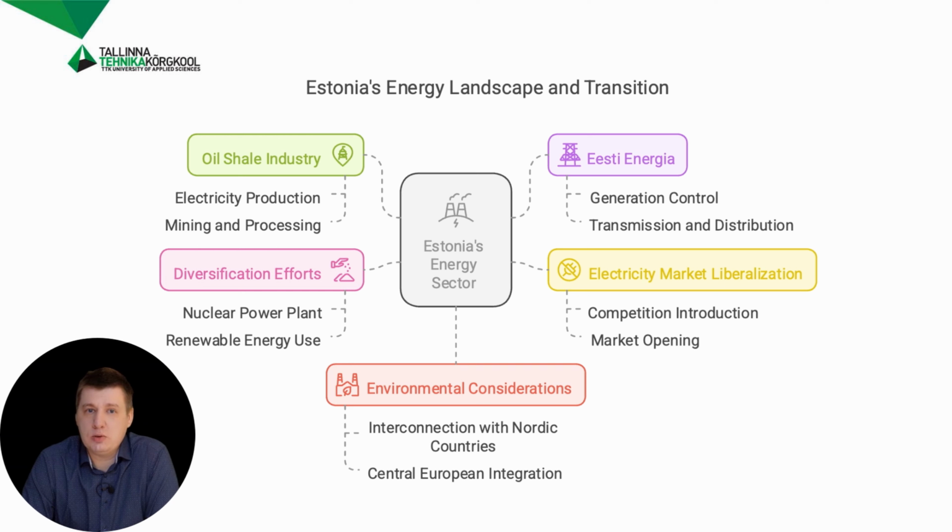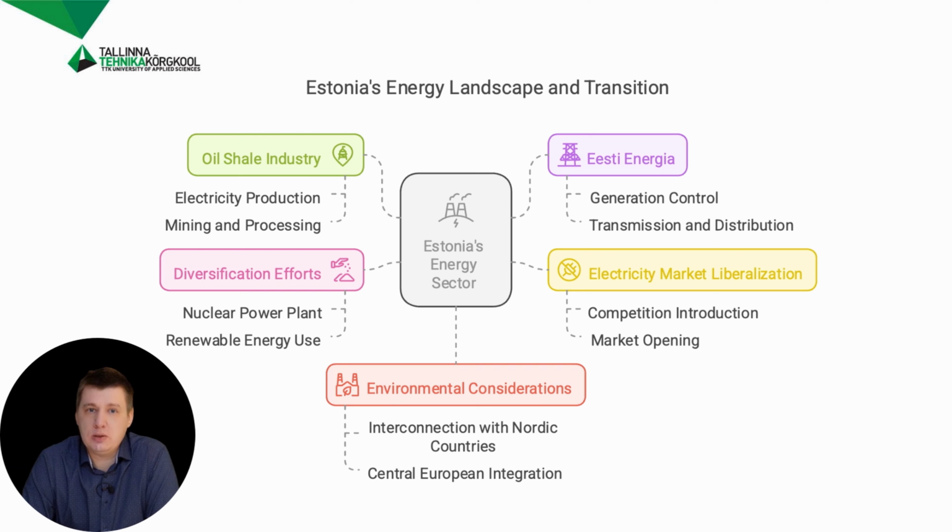CO2 emissions saw a sharp decrease after 2020 due to a reduction in oil shale-based electricity production. This was largely driven by the shutdown of older oil shale units. Trends in carbon dioxide emissions closely mirror energy generation trends, demonstrating a direct link between fuel use and emissions.